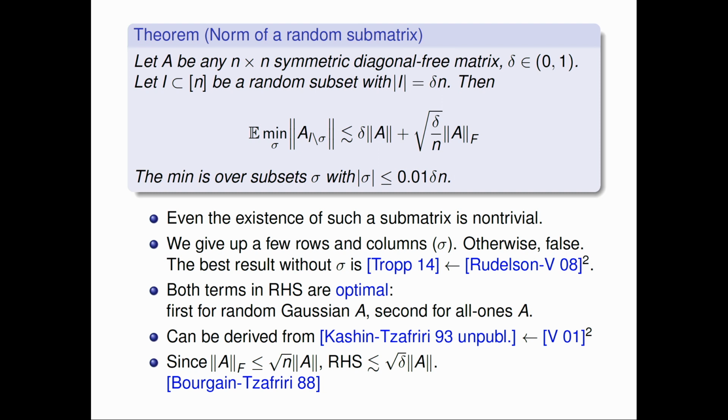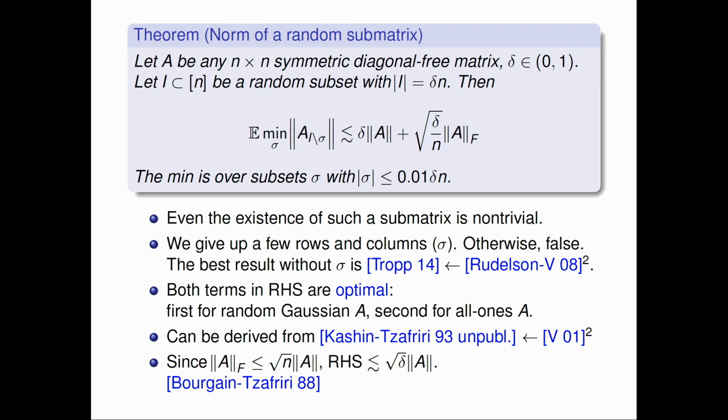Now, even the existence of such a submatrix is non-trivial. Just try to prove that, forget this random thing, prove that there exists a submatrix that is bounded like this. I don't know how else I can prove it other than through this theorem. Now, an annoying feature of this is that on top of the random selection, we have a little deterministic selection, right?